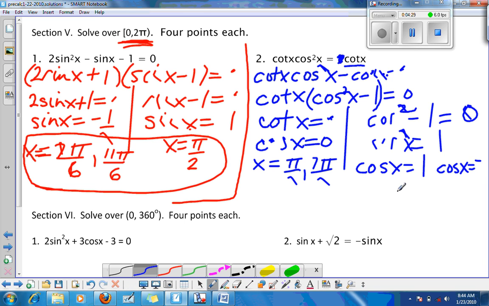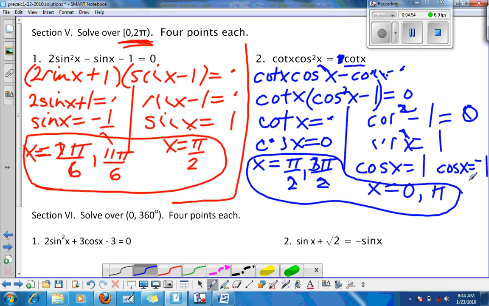That is at 0 on this interval. And then where is the cosine of x equal to negative 1? That is at pi. So we have four answers here. We have x equals pi over 2, 3 pi over 2, 0, and pi. We have four answers.